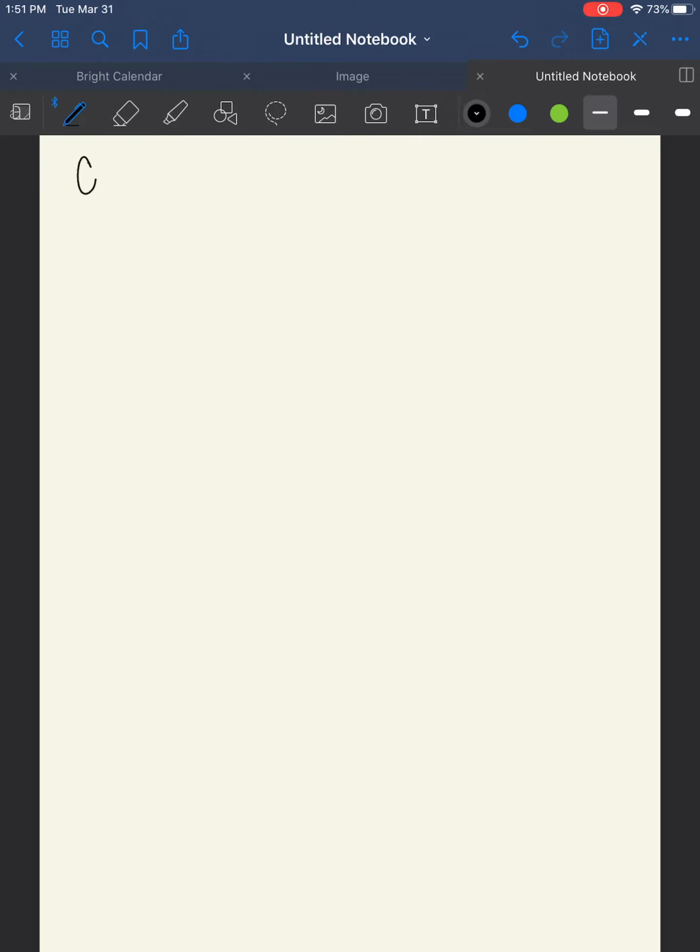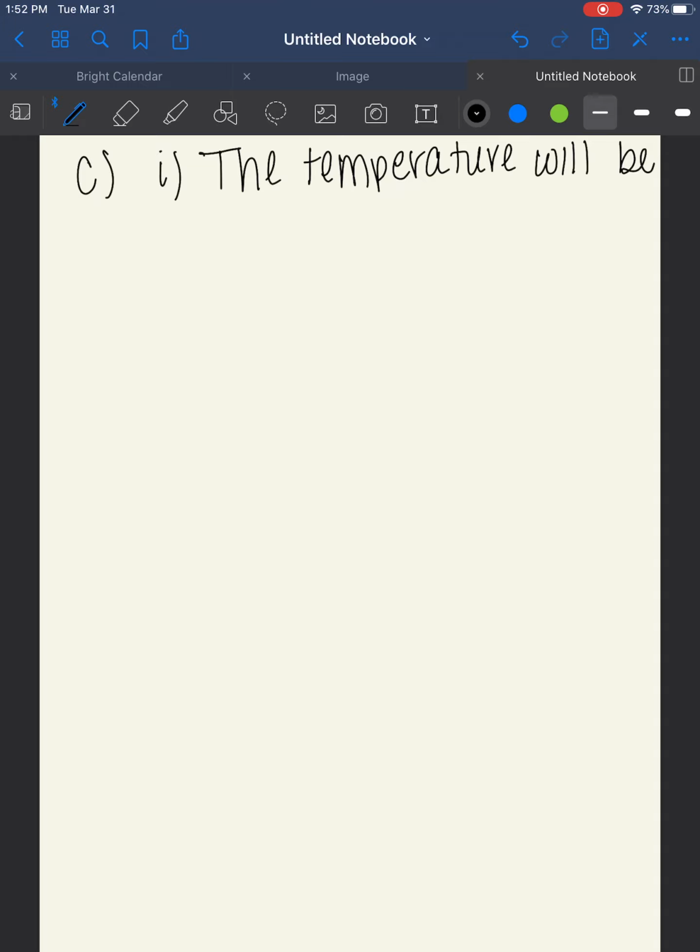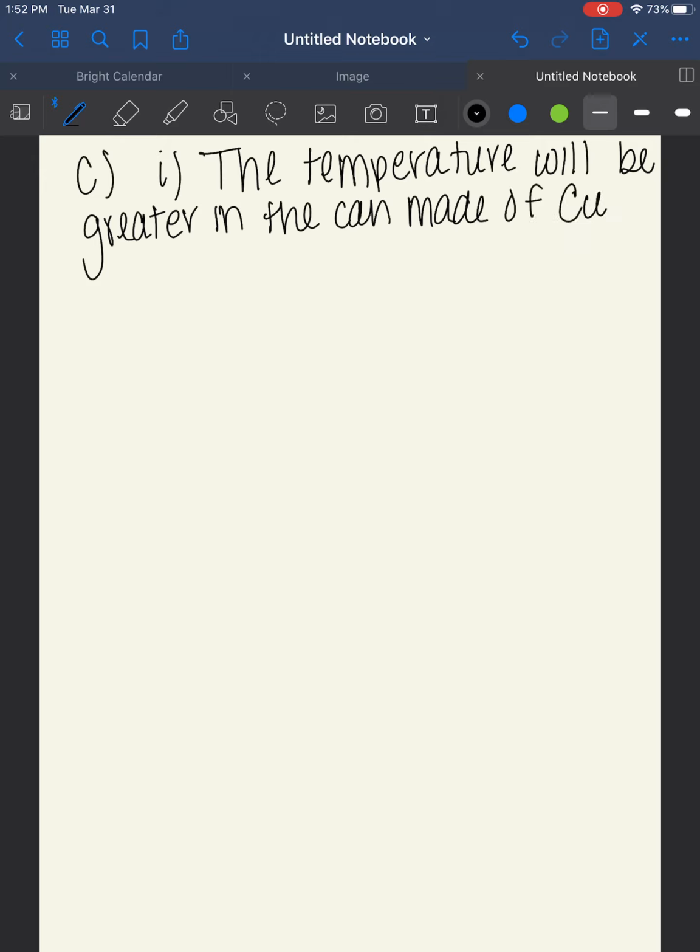Okay, so this is number 3, letter C, part 1. The temperature will be greater in the can made of copper, Cu. Okay, and why? So that's our answer.